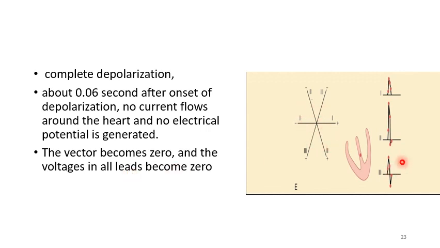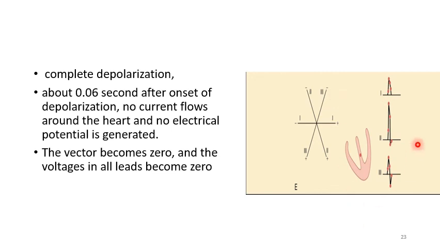So now we have got the R and S. These are the S waves, and we have seen the S waves in the previous image, when we started to have a negative deflection, and now the S is complete in leads 2 and 3, but in lead 1 we didn't see an S deflection.